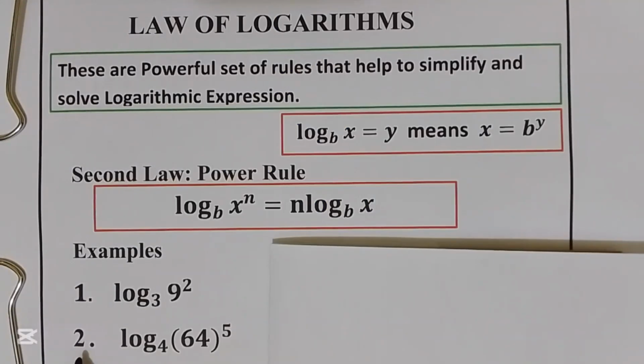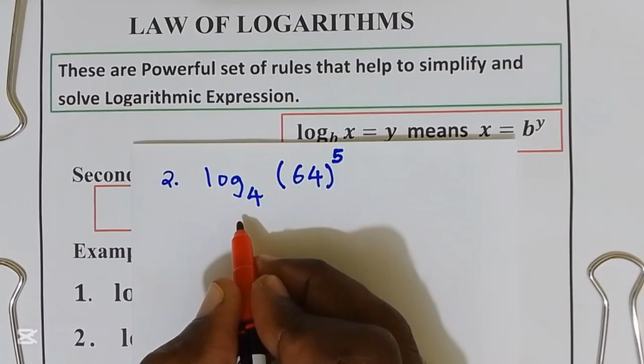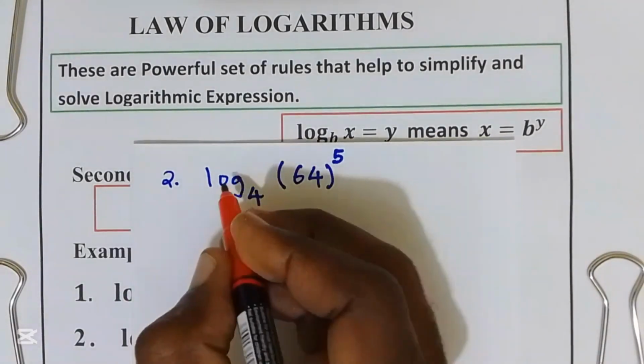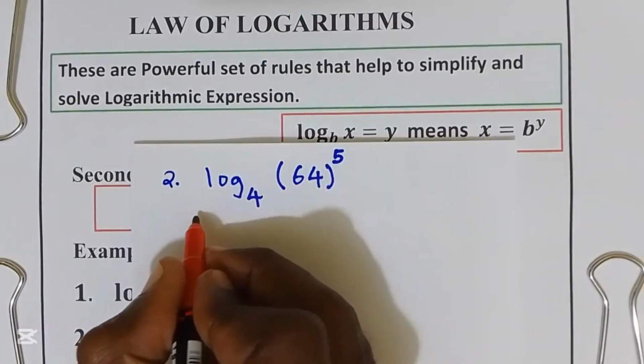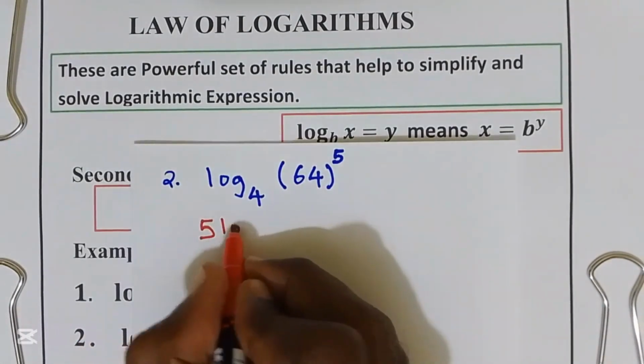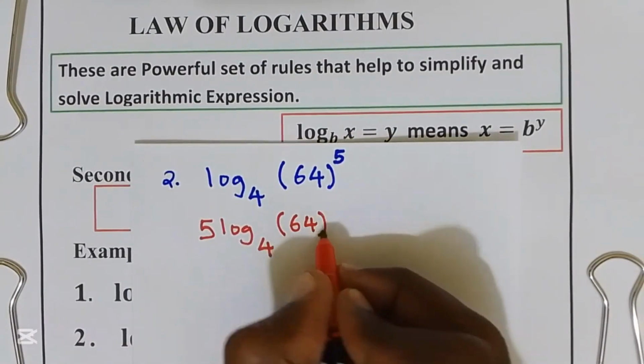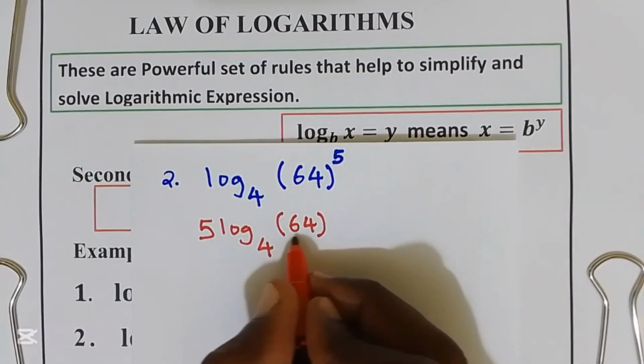Let us do question number 2. They have given to us log base 4 of 64 raised to the power 5. Let us simplify it. We can bring this power in front of the log according to the power rule. So this is going to be 5 log base 4 of 64. But still, I can put 64 into power form.